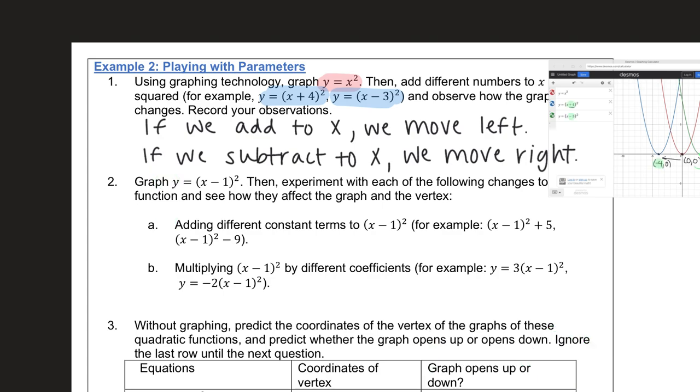So now we're going to look at some other things that we could do with our graph. If we start with y equals (x − 1)², we are going to add different constant terms to the end and then multiply by some different numbers in the beginning and see what happens. So let me bring this back over.